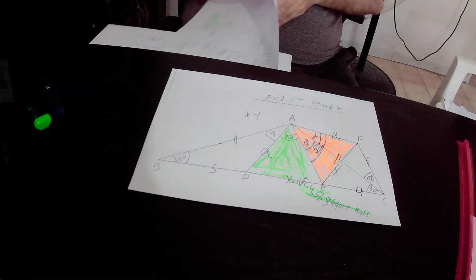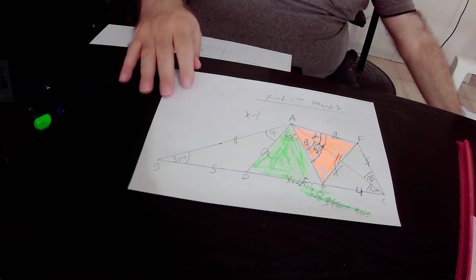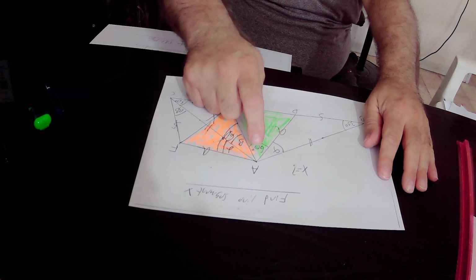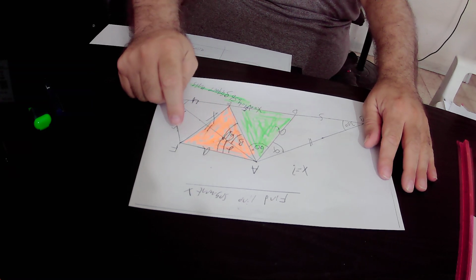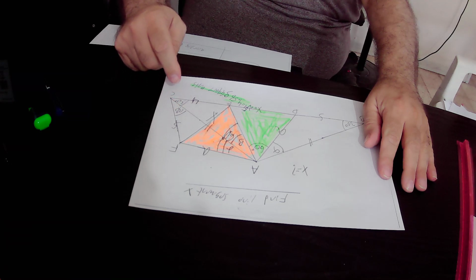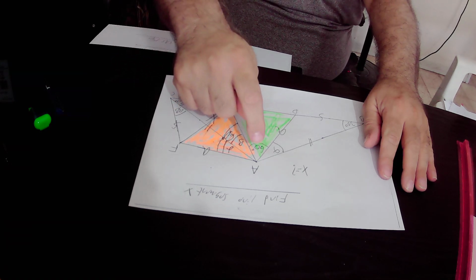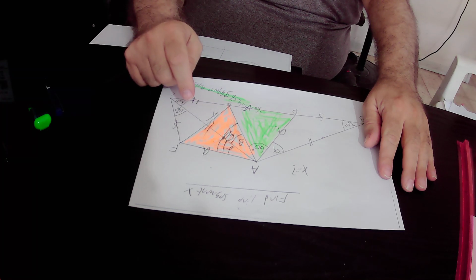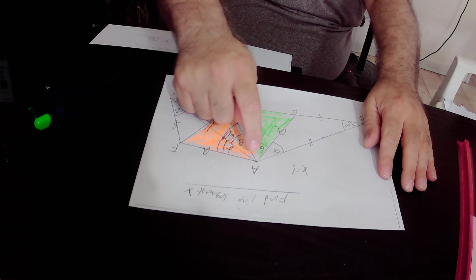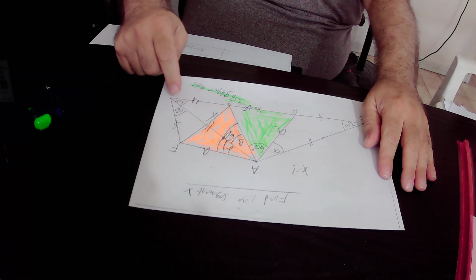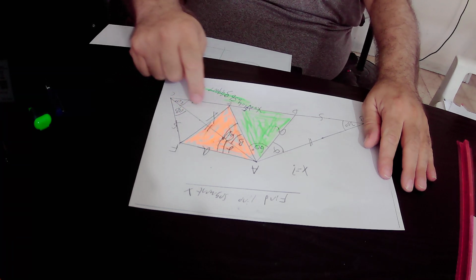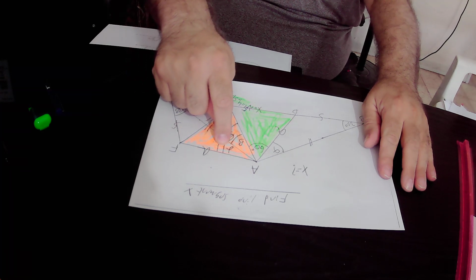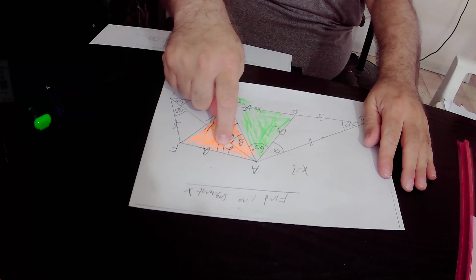Then we made two constructions. The first construction is that from point A we draw a straight line in such a way that the angle between side CA and the straight line will be equal to alpha. So here this angle equals alpha according to our construction.